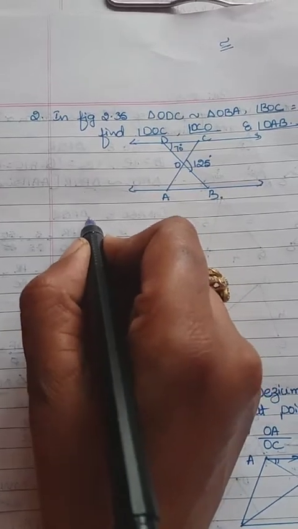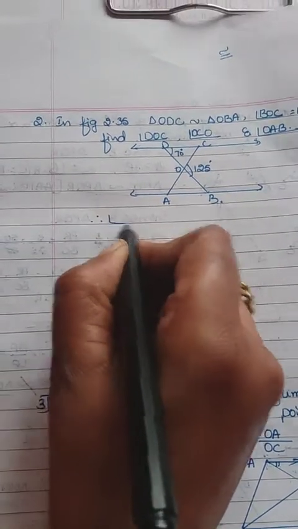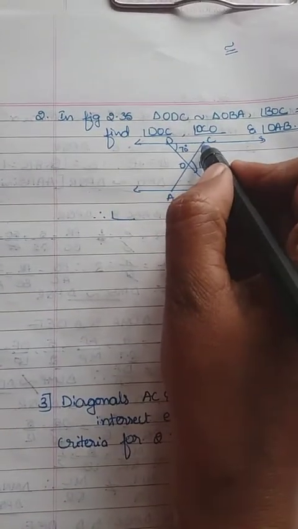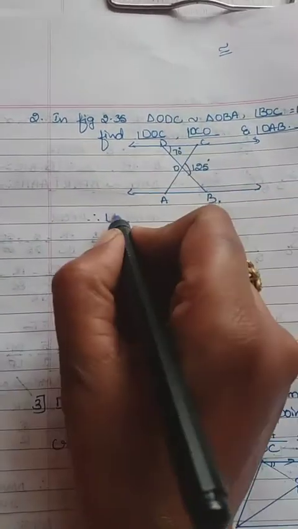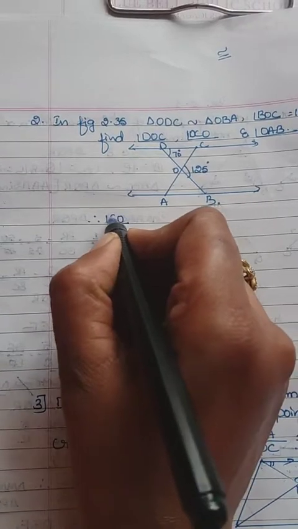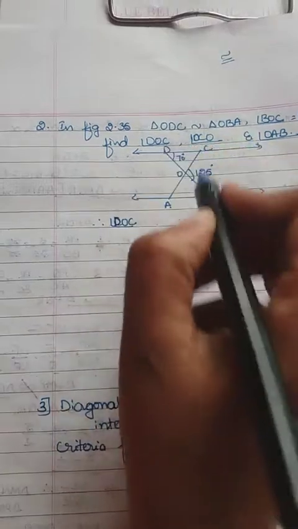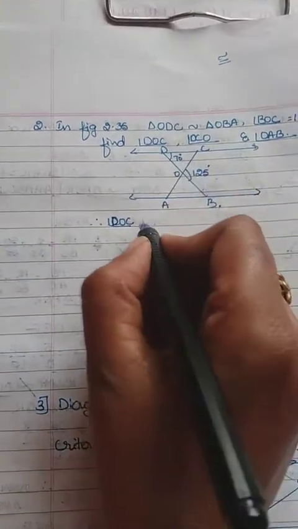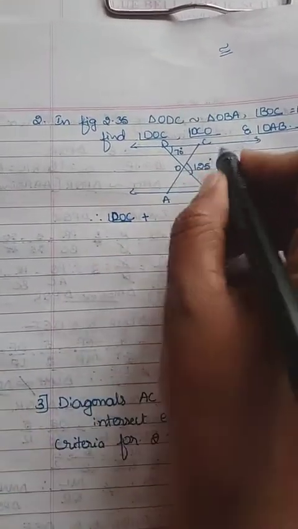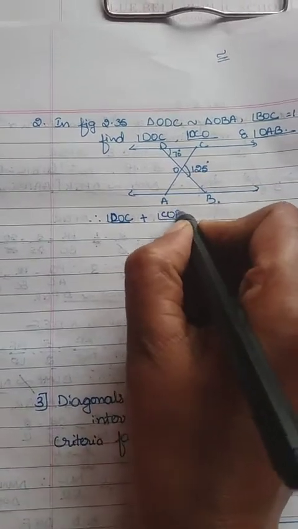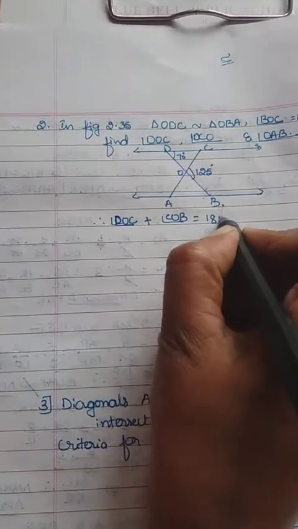So we can write angle DOC plus angle COB equal to 180 degree.